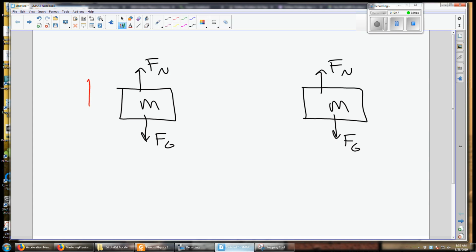But in this case, they're going to be accelerating up, and in this case, they're going to be accelerating down.